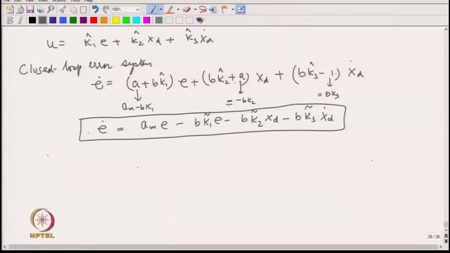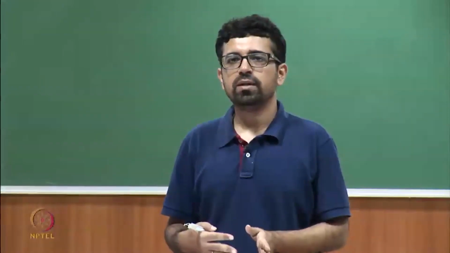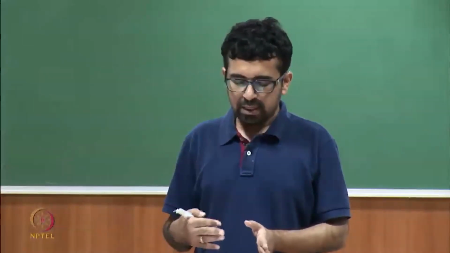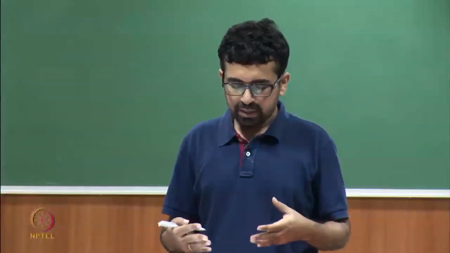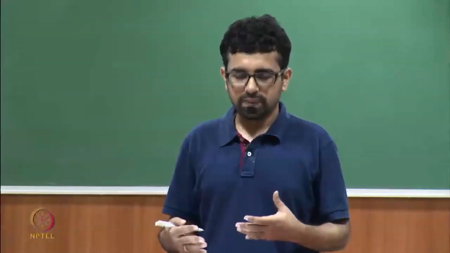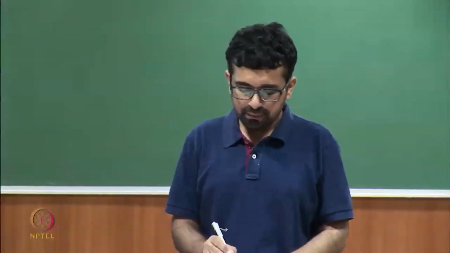Okay, so, let us choose the Lyapunov function. We want to choose a Lyapunov function which involves these error states, the tracking error and all the parameter estimation errors k1 tilde, k2 tilde and k3 tilde, and we want the entire function to be a scalar, positive definite. So, these are some of the things that we have to keep in mind.